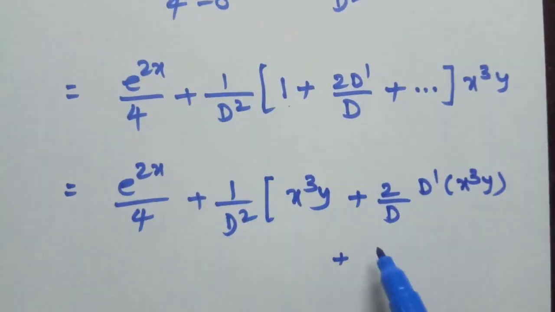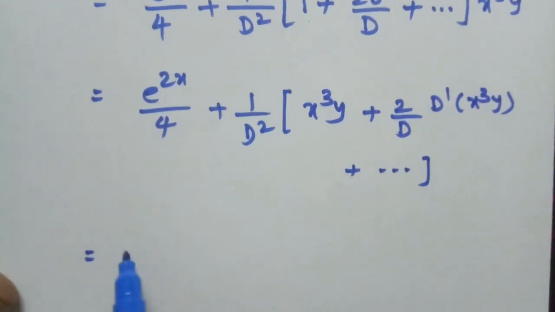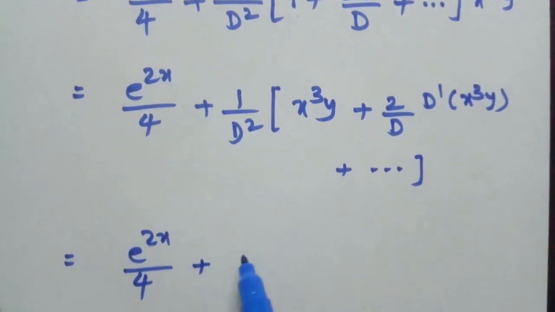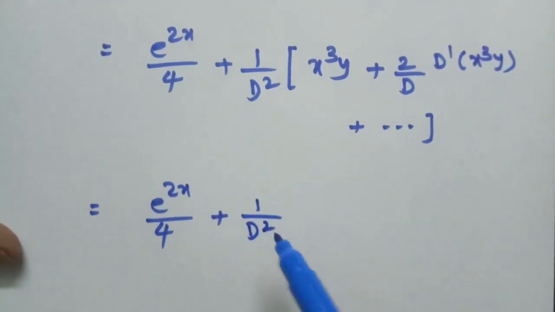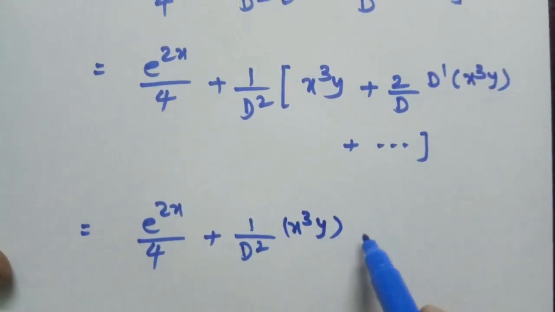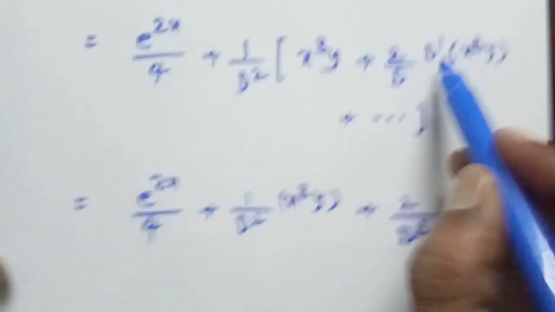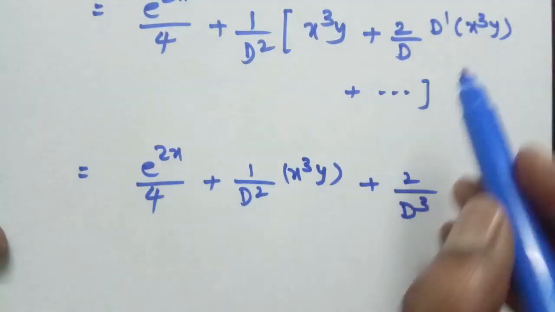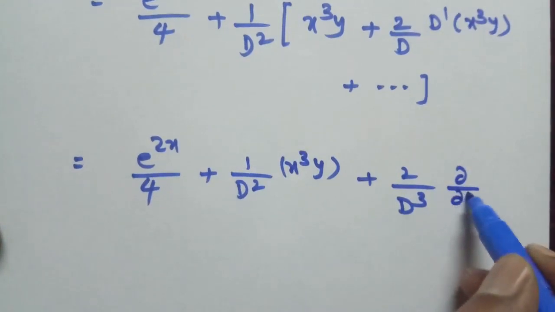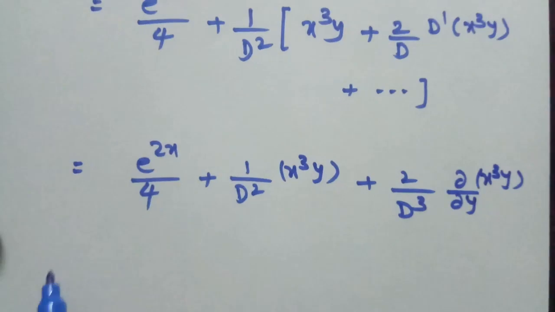So therefore this is equal to e power 2x by 4 plus 1 by D square into x cube into y plus 2 by D cube into D dash of x cube into y. That means D dash means partial derivative, dou by dou y of x cube into y.